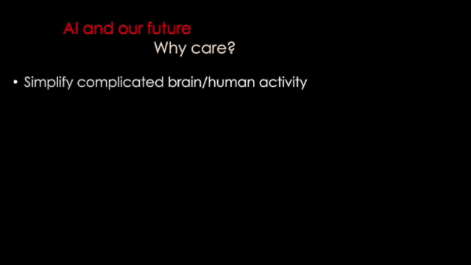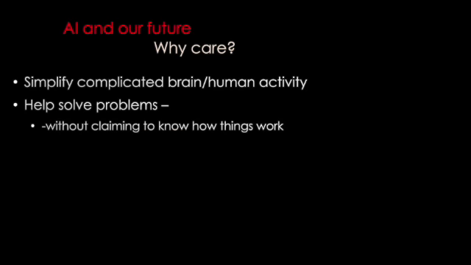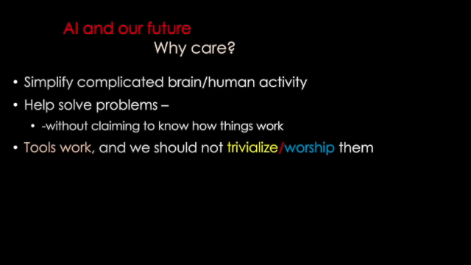So this really puts AI and many things in our minds all the time. And why should we care? Because we think we can simplify what the brain does or how humans do things, and we can learn from it to solve actual problems without being too cocky, saying we can do things, or that this is really exactly how the brain works.